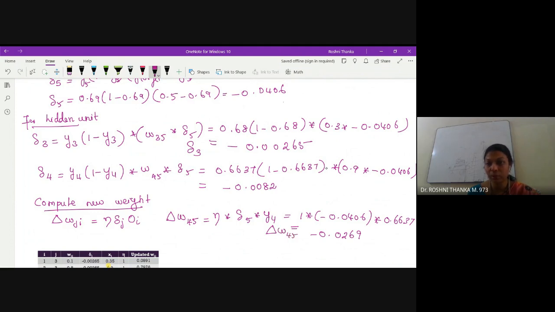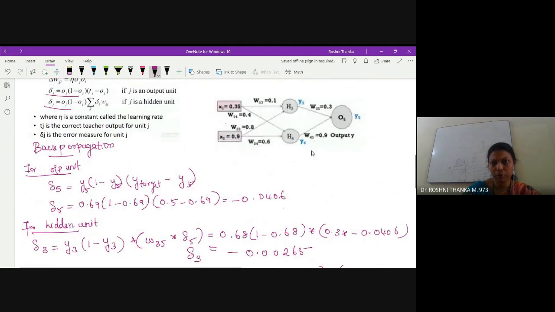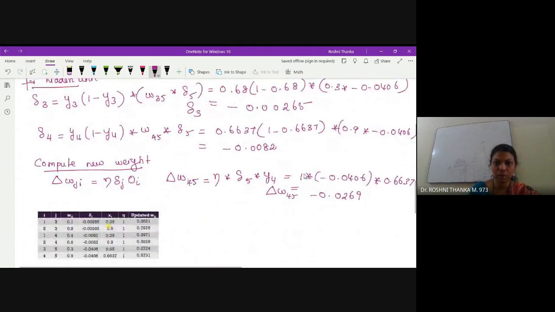Now using this delta value, we are going to adjust W45's new weight. So how to update this is, first you have to add delta of W45 plus its old weight.